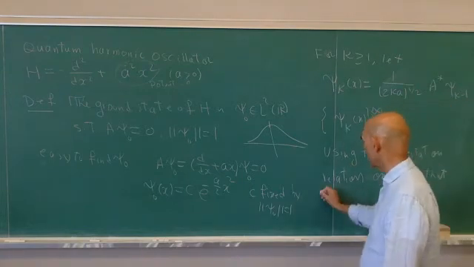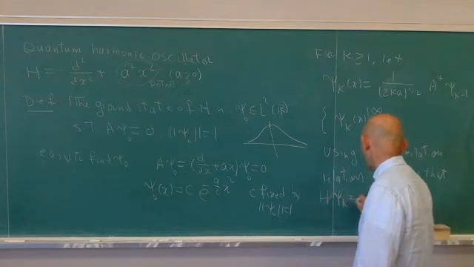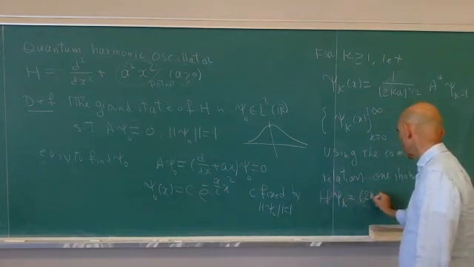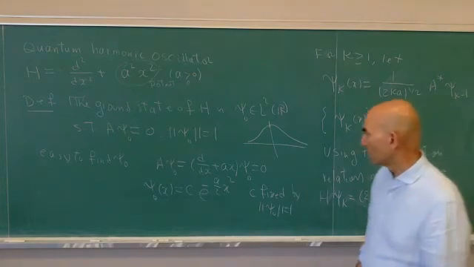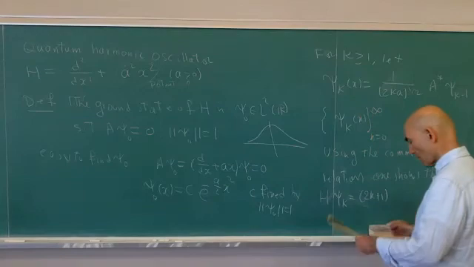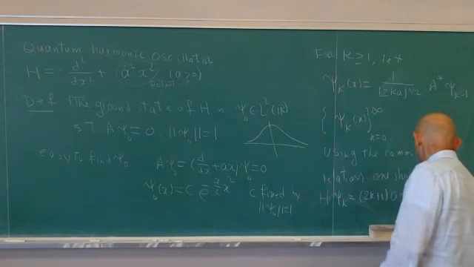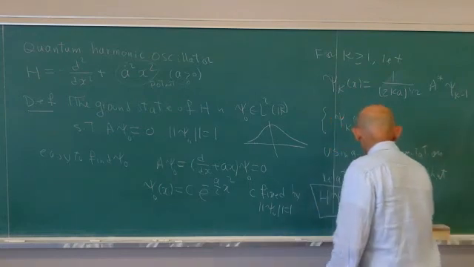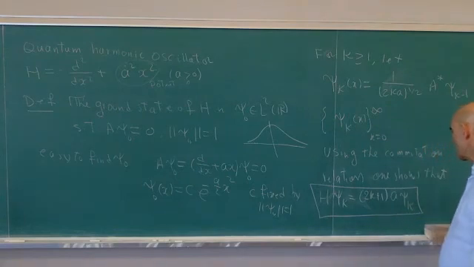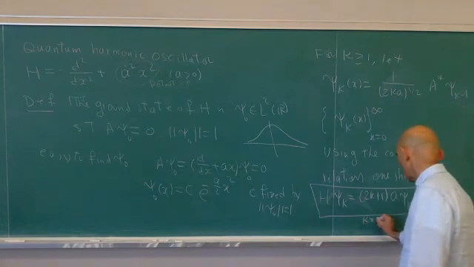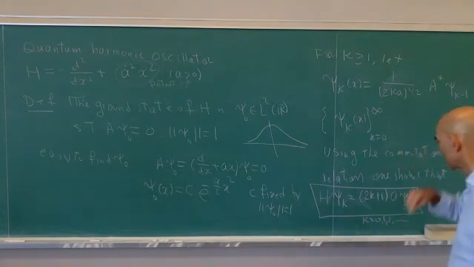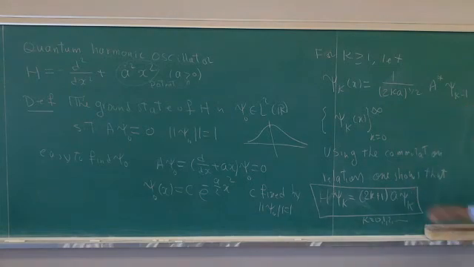Actually, H of psi k is equal to 2k plus 1, I believe, times A times psi k, for k equal to 0, 1, 2, and so on. Okay, and the norm of psi k is equal to 1. This is psi 0.